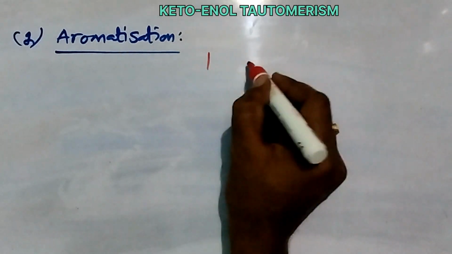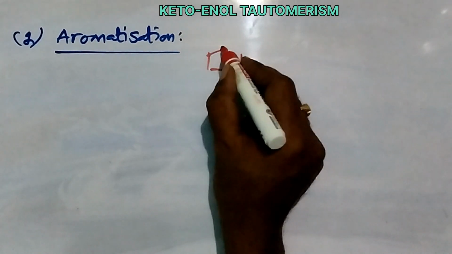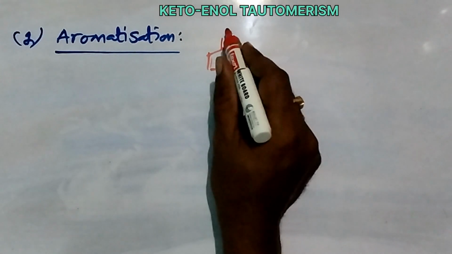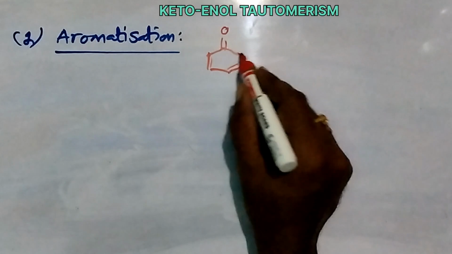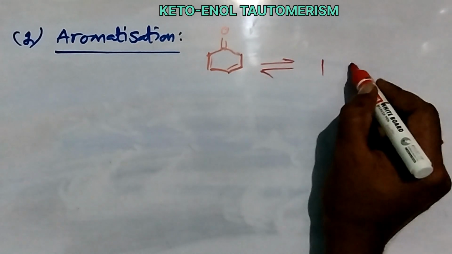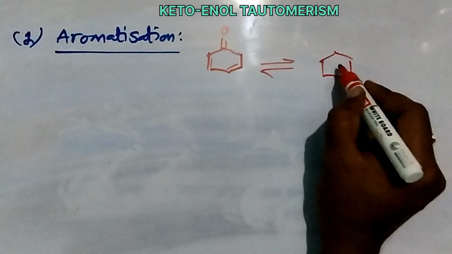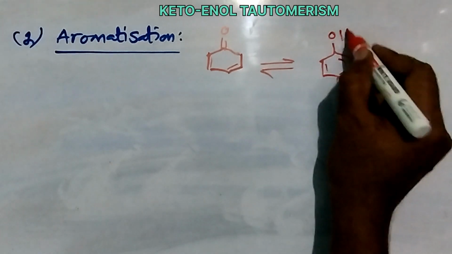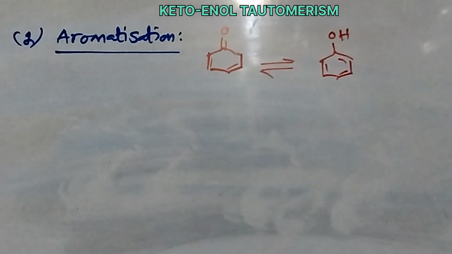So aromatization means forming an aromatic ring. See, the keto form is stable with the enol form.